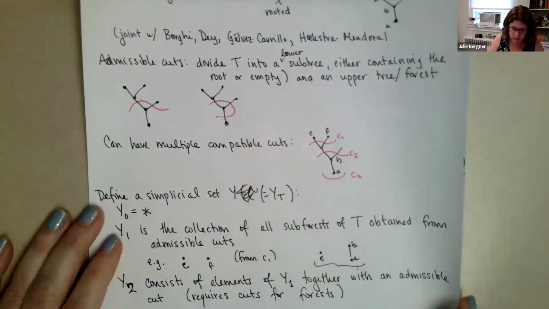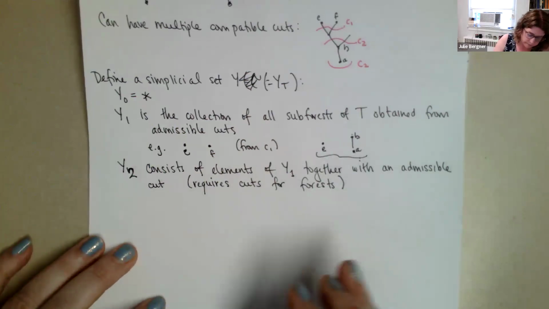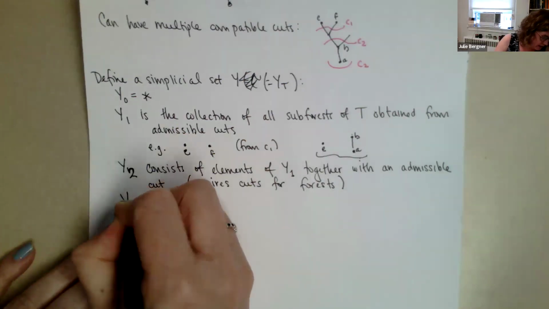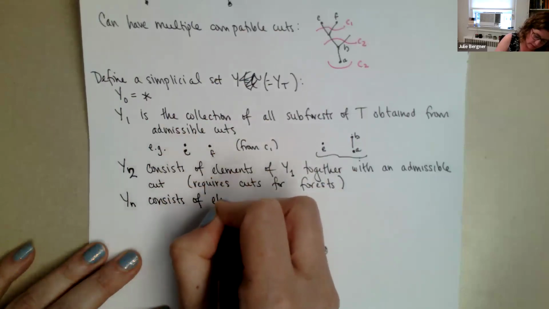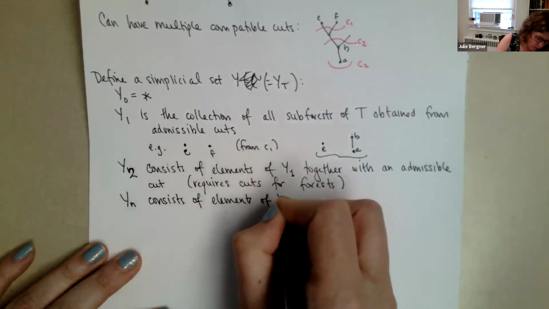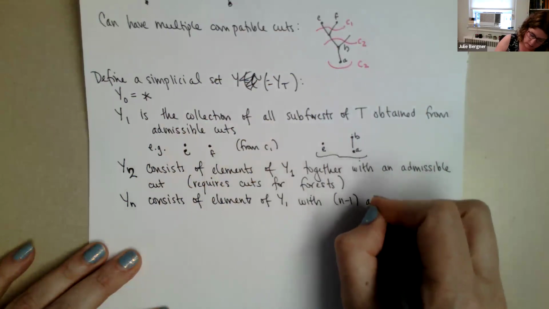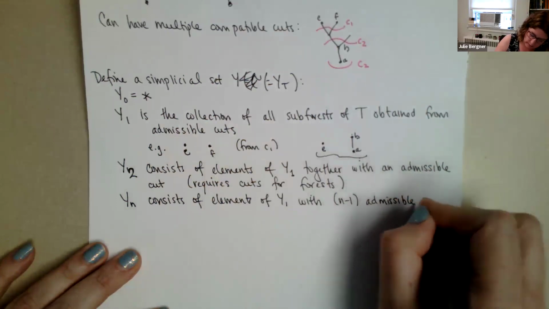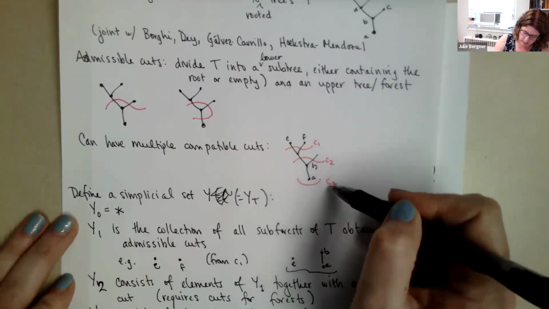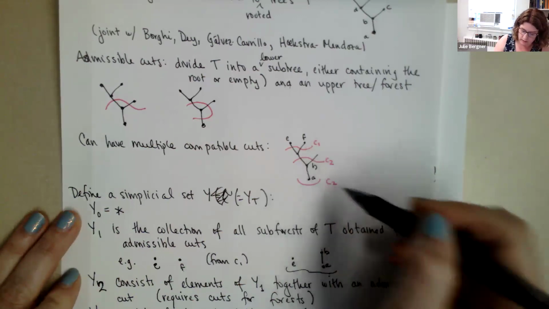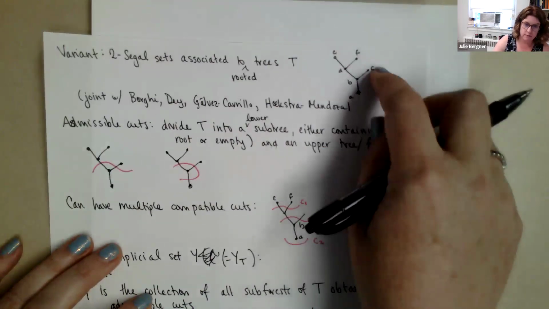It's a natural generalization of what I've described for trees, a tree-wise cut, basically. And then Yn more generally consists of elements of Y1 with n minus 1 admissible cuts. So for example, this tree here with these cuts would be an example of a 4-simplex associated to this tree.